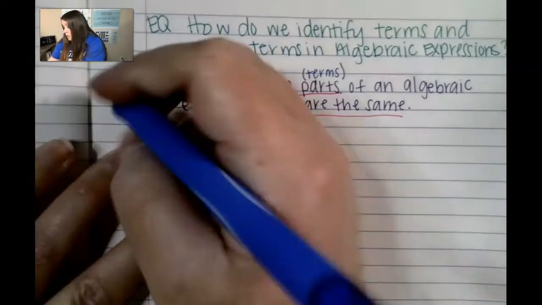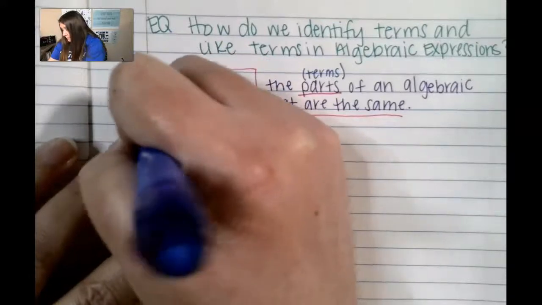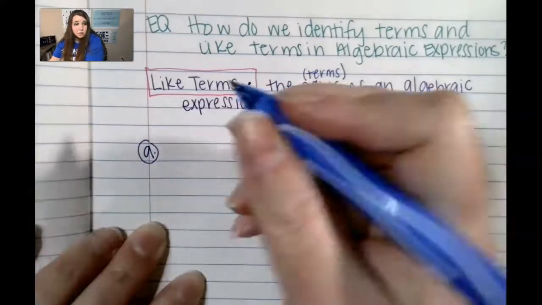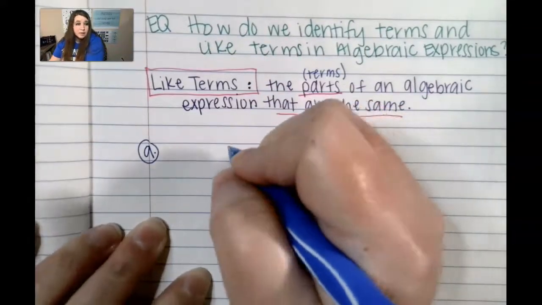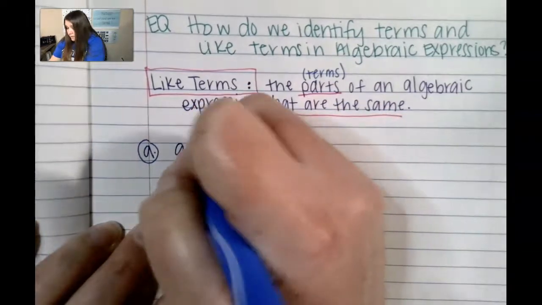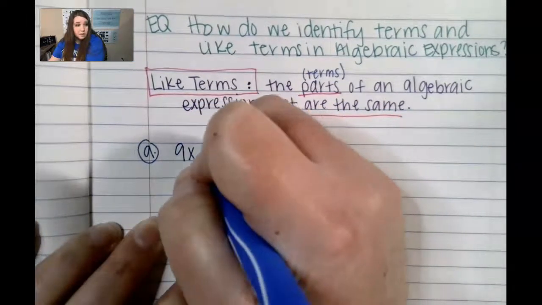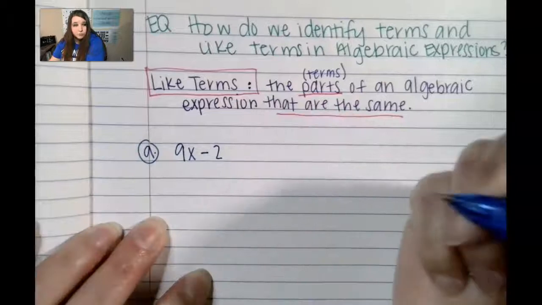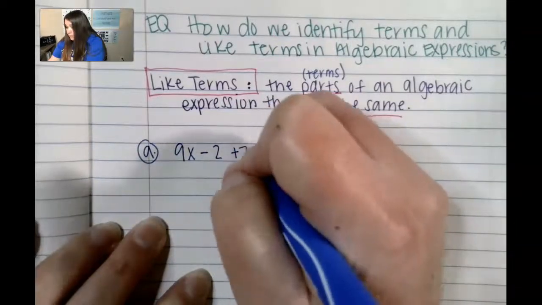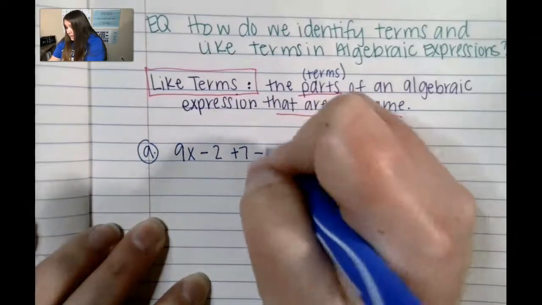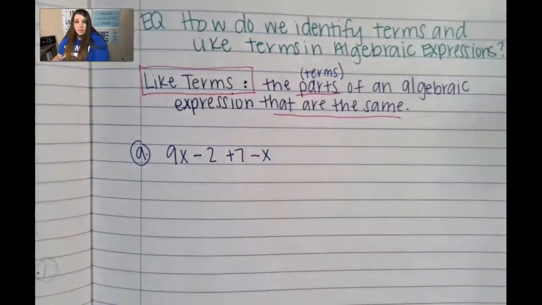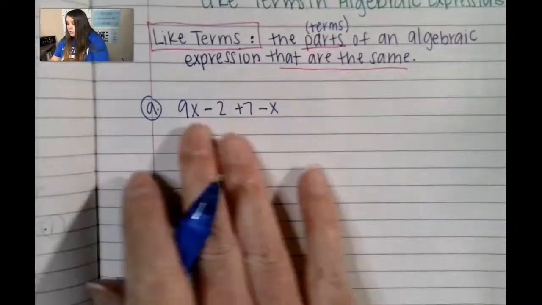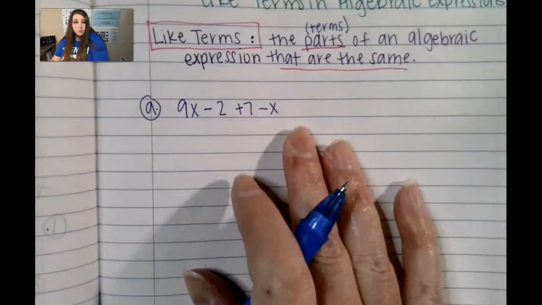Okay, so example A, our algebraic expression is written like this. We have 9x minus 2 plus 7 minus x. Okay, so this is the algebraic expression.